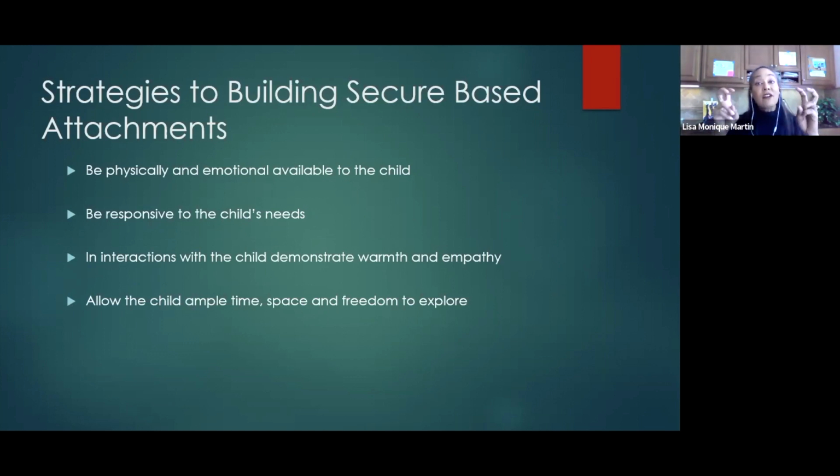So we child-proof our environment to allow them to explore, to have that freedom, to move, and then giving them the space to do it. That's why we have a lot of different ideas and thoughts for quality care about how much space each child needs so that they can explore. And then again, the time. So those are strategies to help build those secure-based attachments with children.